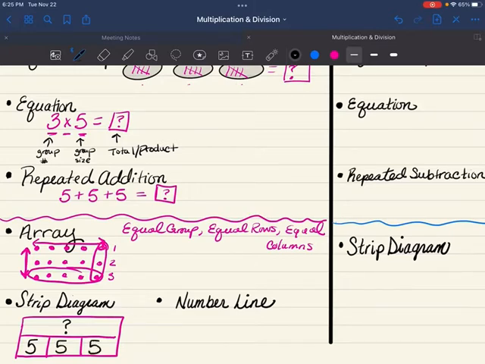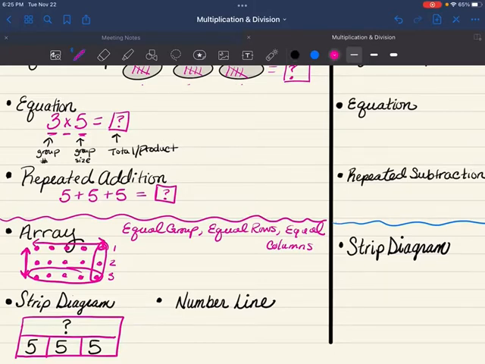Okay, so your top will represent your total, and you will be able to look at your strip diagram or your representation and see that, okay, I need to have 3 groups of 5. This is why it's so important for our kids to get used to saying 3 groups of 5, or however many groups of whatever, whenever they're reading the equations, because when they draw these representations, they need to know what number goes first and second.